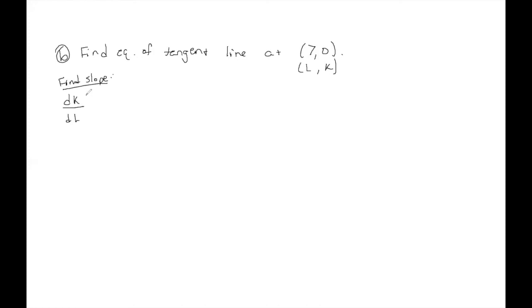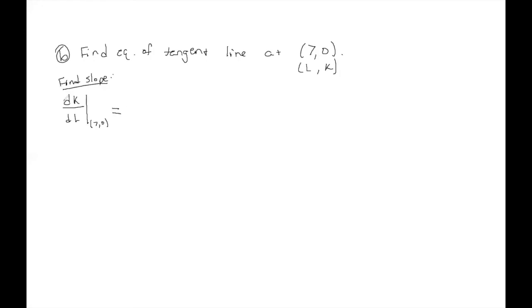So I'll write it like this. This is a notation that maybe you haven't seen yet. But when using the dk over dl notation rather than the prime notation, this is typically how it's written. You'll see the derivative, and this bar means evaluated at the point 7, 0.